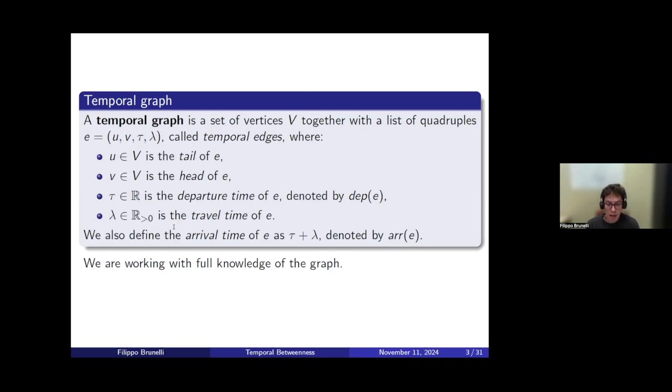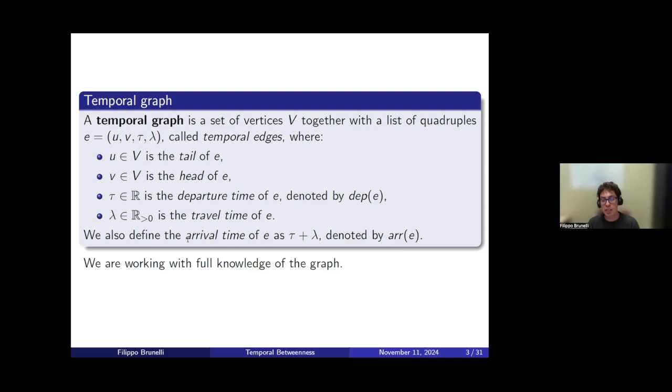In this talk we are not exactly talking about learning on temporal graphs. We're gonna talk about more exact computation, exact algorithms, computing some measures.